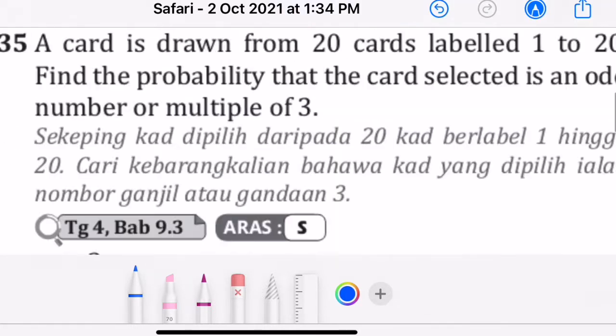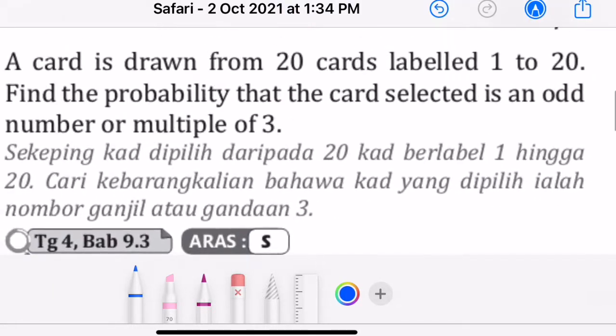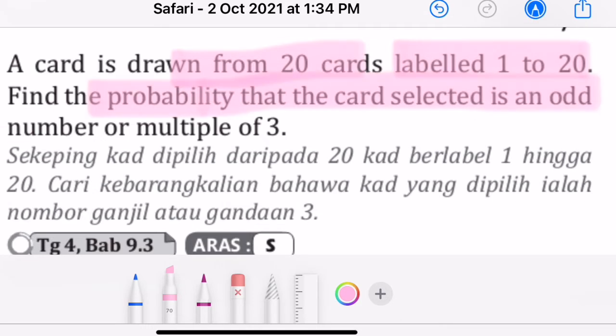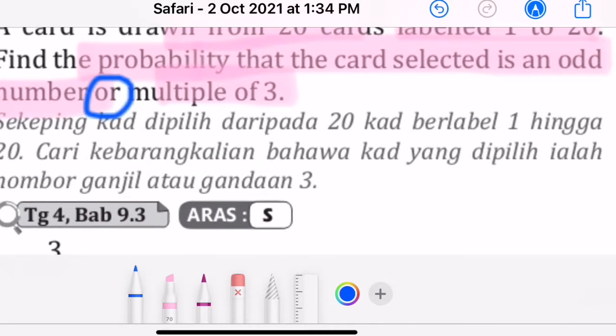Question 35. A card is drawn from 20 cards labeled 1 to 20. Find the probability that the card selected is an odd number or a multiple of 3. The keyword is "or".